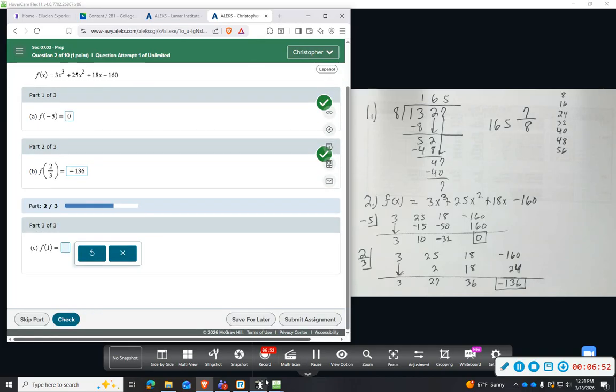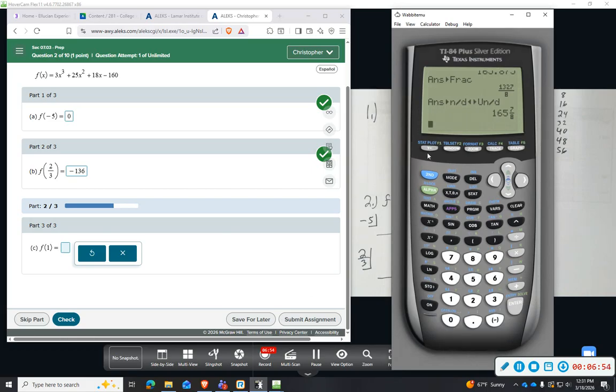Just to show you this again, if we go to the calculator, I'm going to go to y equal, and I'm going to type in the original function. So I'm going to type in 3x raised to the third plus 25x squared plus 18x and then minus 160.